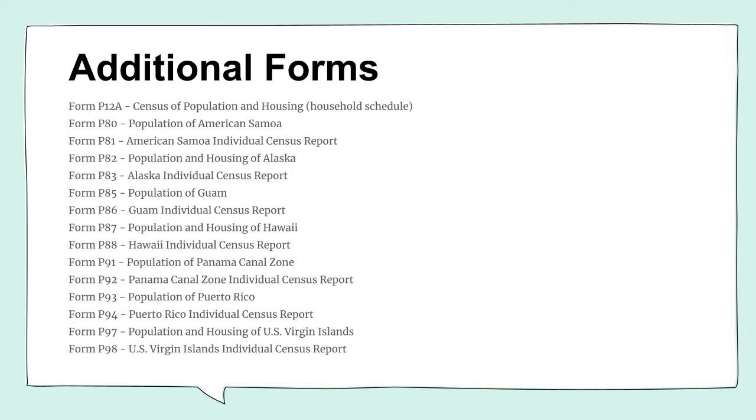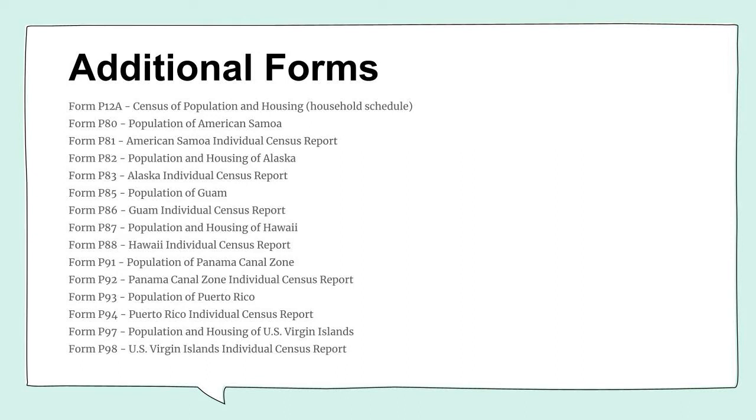You've got 12A, which was specifically a household schedule, P80, American Samoa, and 81, the same thing. 82, Alaska. You notice Alaska was not part of the contiguous 48 states. So 82 and 83 talk about census information derived from those two reports. 85 and 86 talked about Guam and the individual census report.